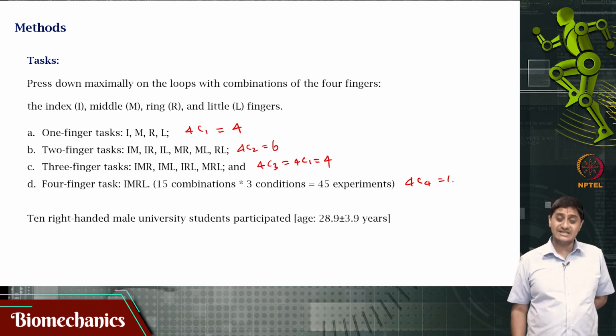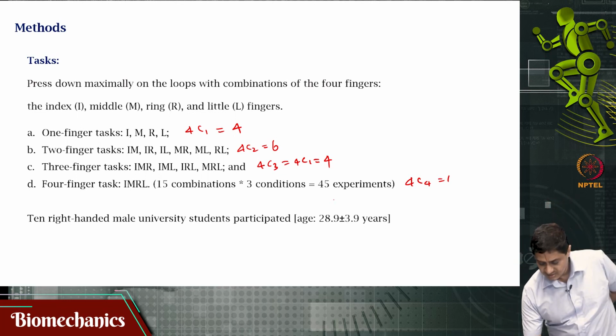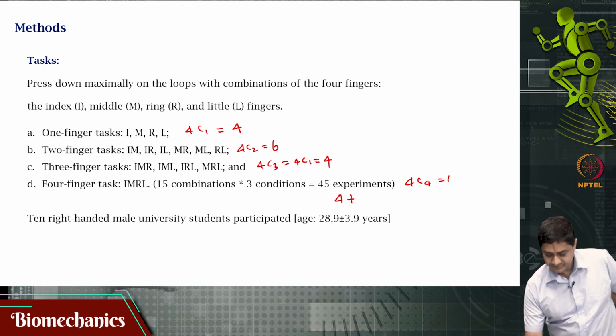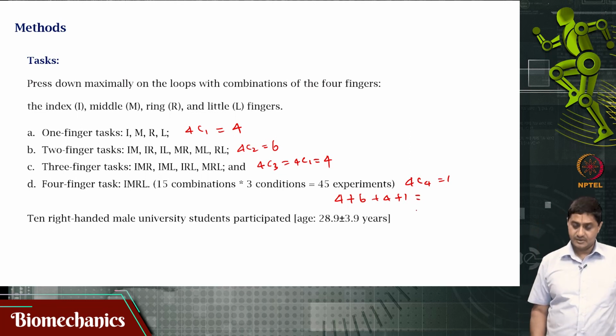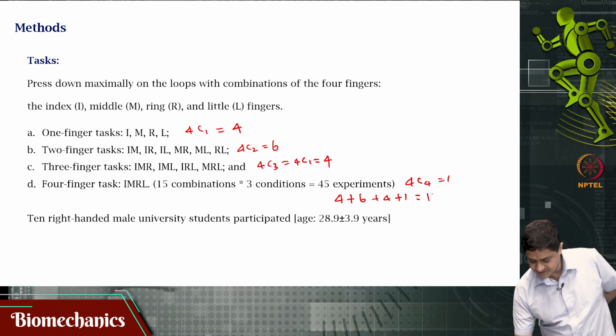So how many different experiments will I have to do? How many different conditions do I have? That is 4 plus 6 plus 4 plus 1 is equal to 15 different conditions.